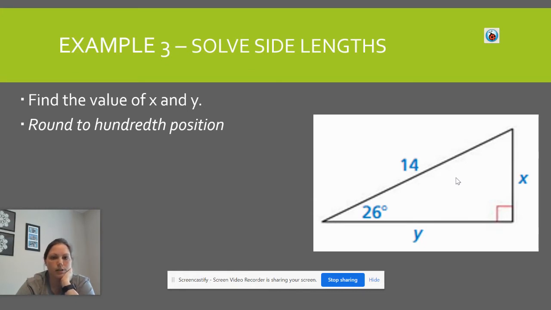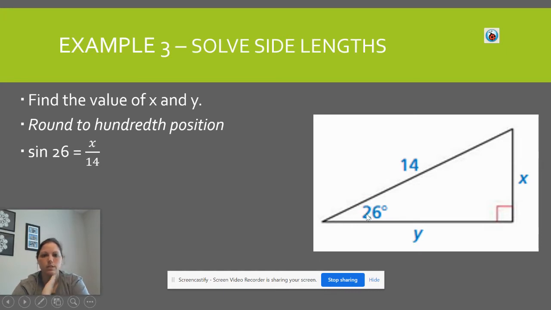Okay, so find the value of x and y. We're going to round to the hundredths position. We have our given angle, and we want to find x. Well, x is the opposite leg over the hypotenuse, so our angle goes with the sine.